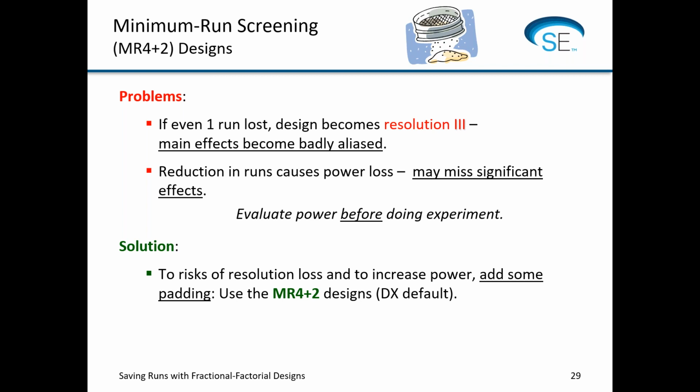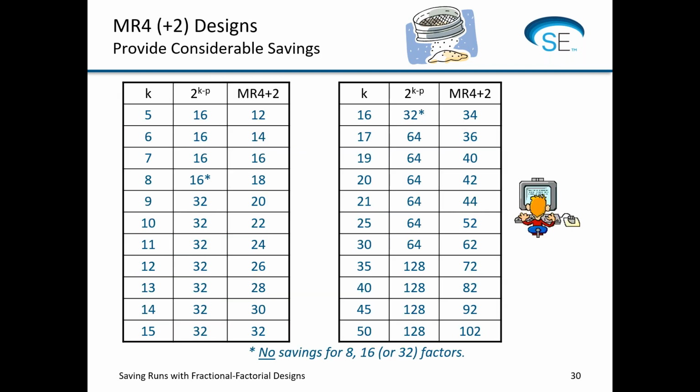I know this. So we are trying to protect you a little bit against that and just pad the design a little bit. Okay, so that is the default. You can override it if you have to, but if you do, you have to make absolutely certain that you can get every single run without losing any.